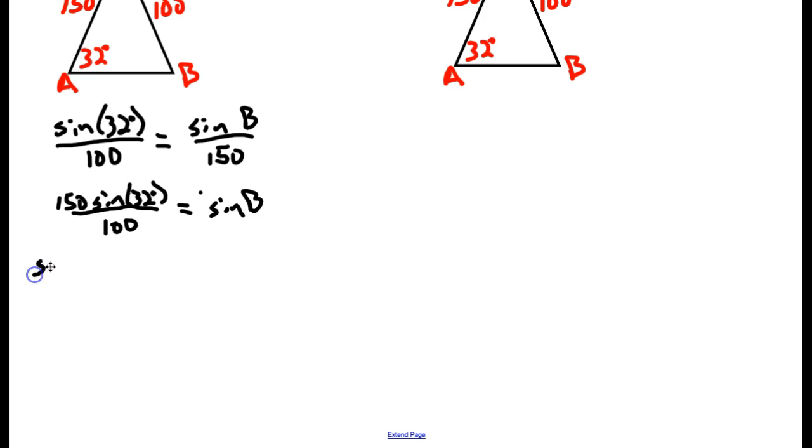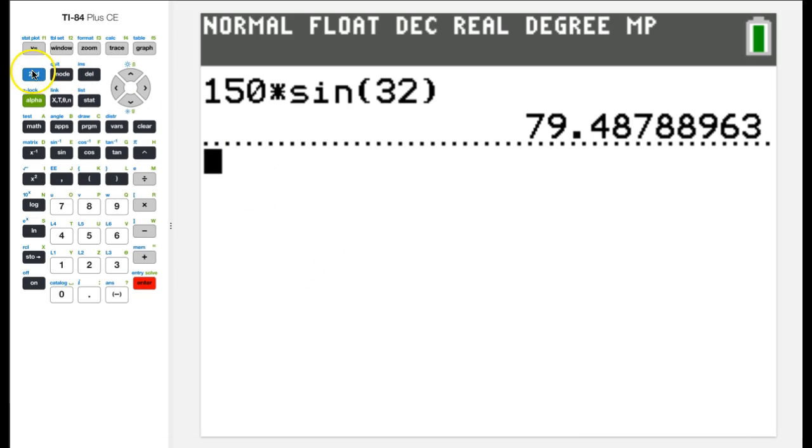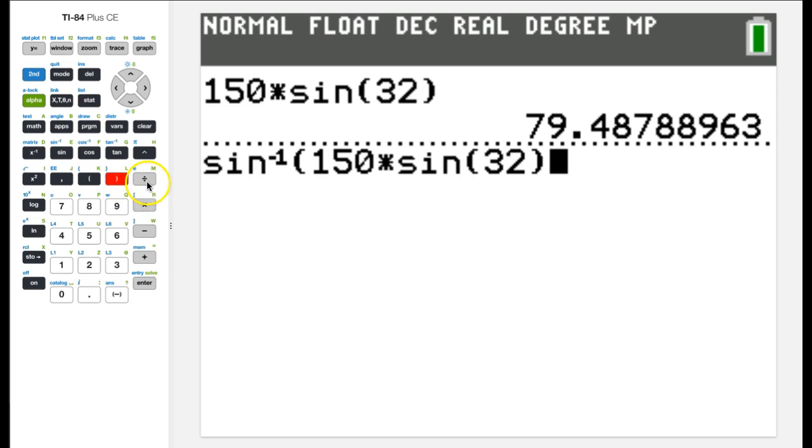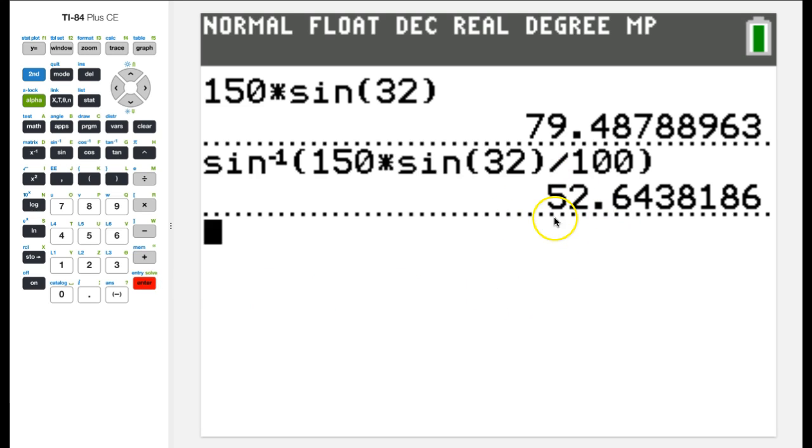So what I'll end up with is the inverse sine of 150 times the sine of 32, all over 100, and that's going to be angle B. We can put all of that into the calculator: inverse sine of 150 times the sine of 32, close the parenthesis, divided by 100, and we get about 52.6 degrees.